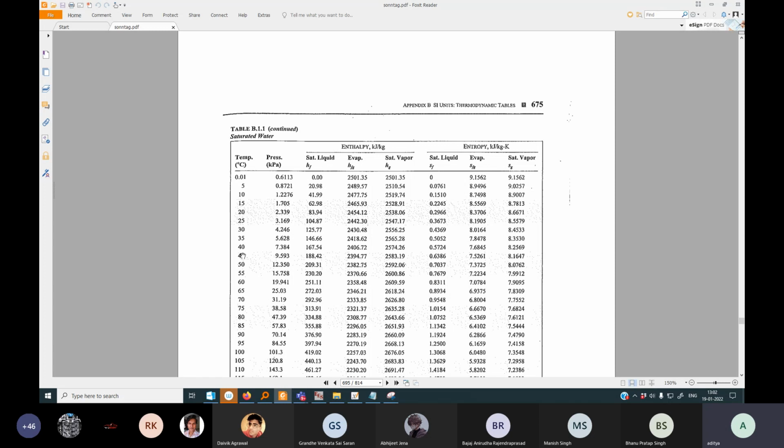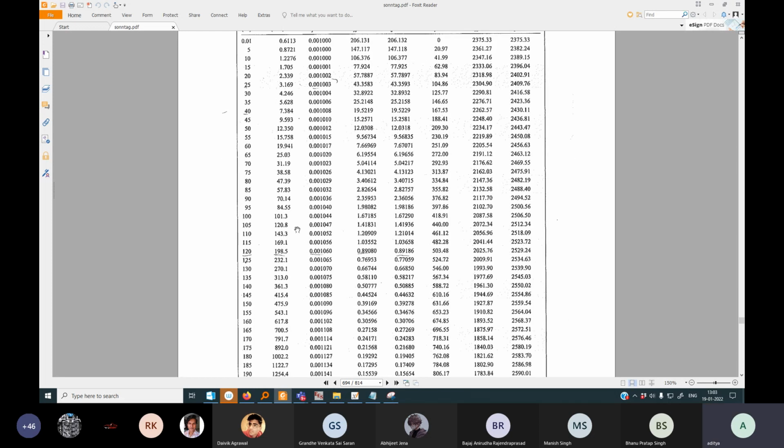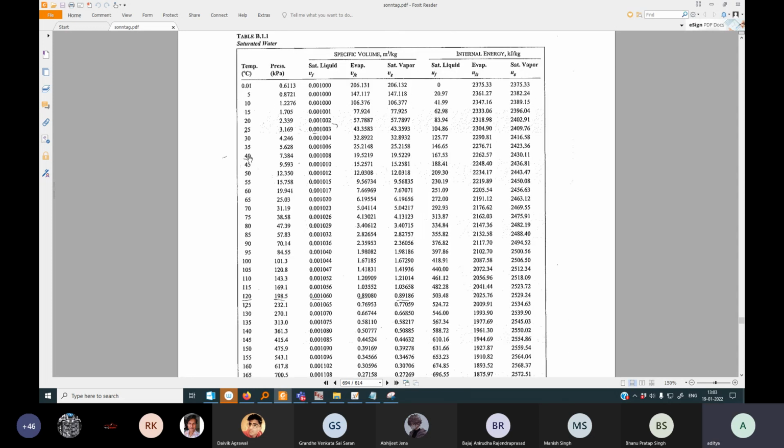So first I have 45 degrees Celsius, 50 degrees Celsius, then I will have to use the property to fetch some intermediate value. One interpolation, or suppose I want the specific volume at 47 degrees Celsius.